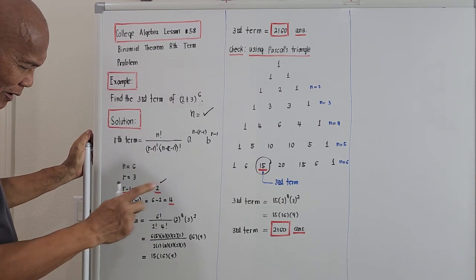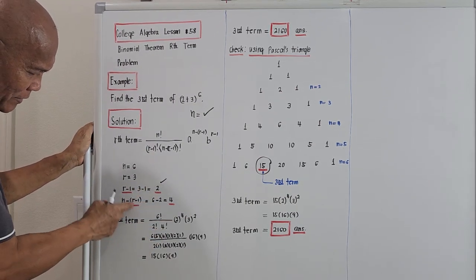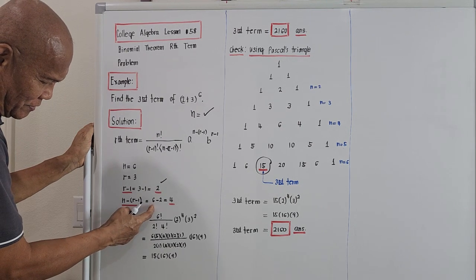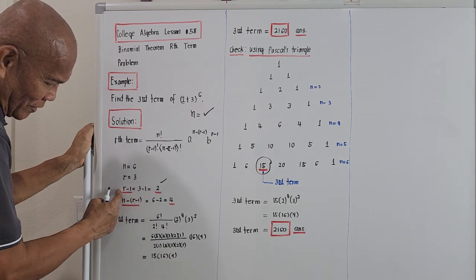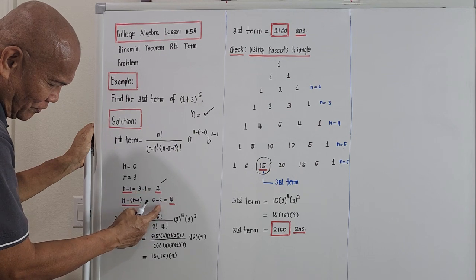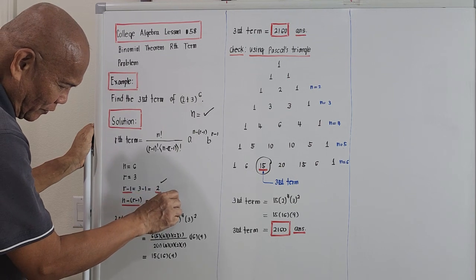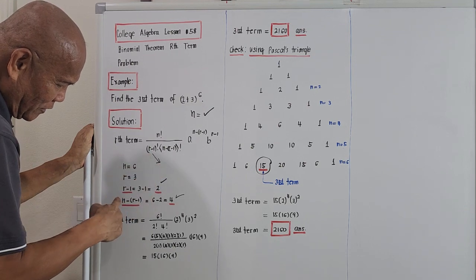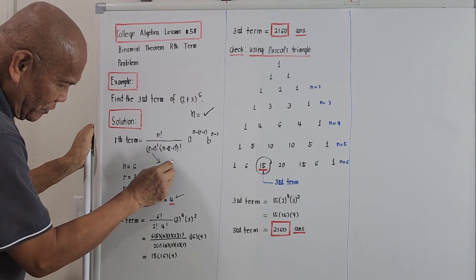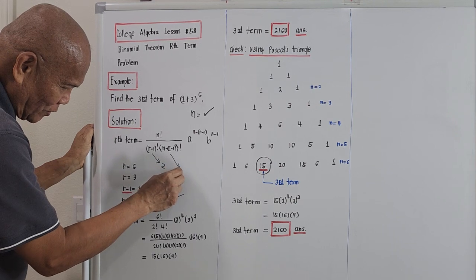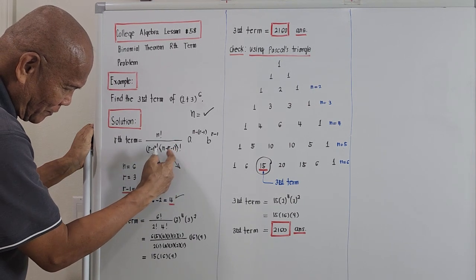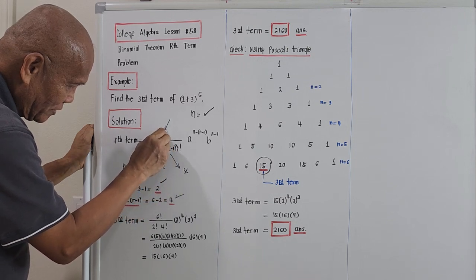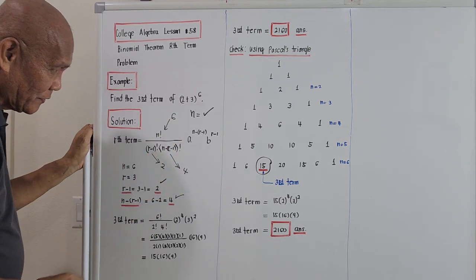Then we compute n minus the quantity r minus 1. n is 6 and r minus 1 is 2, so 6 minus 2 is equal to 4. So r minus 1 has a value of 2, the quantity n minus r minus 1 is 4, and n is 6.